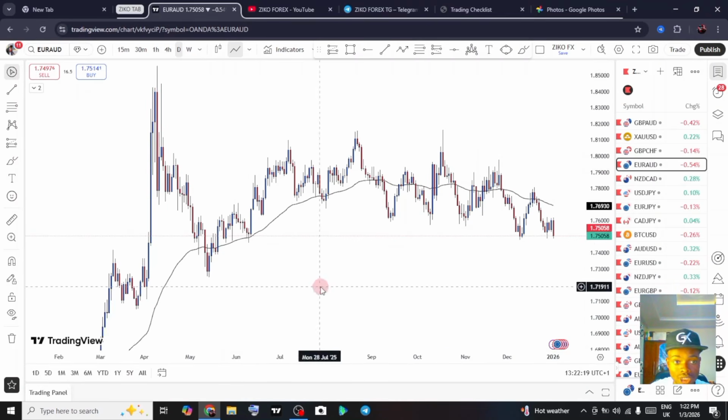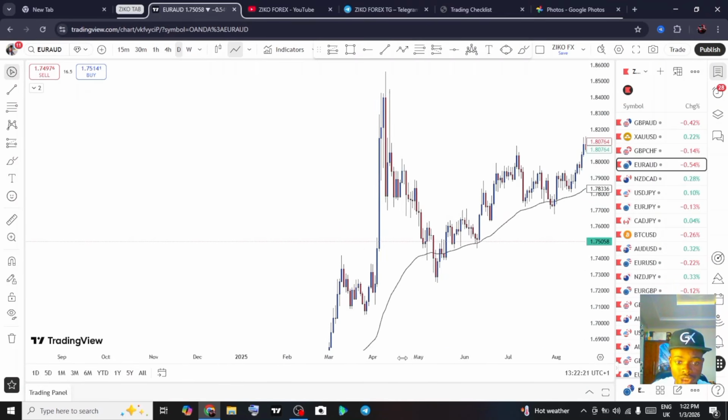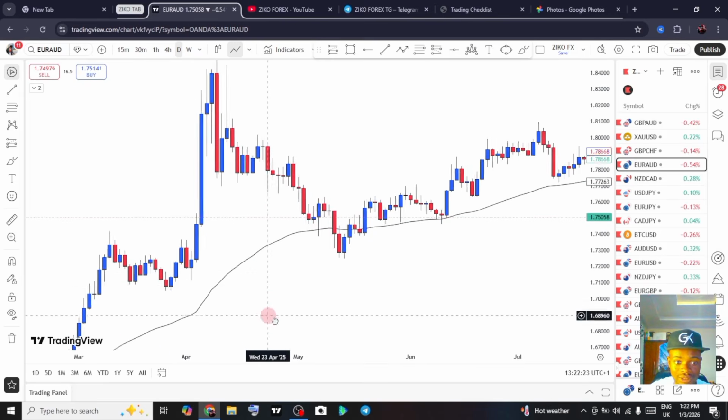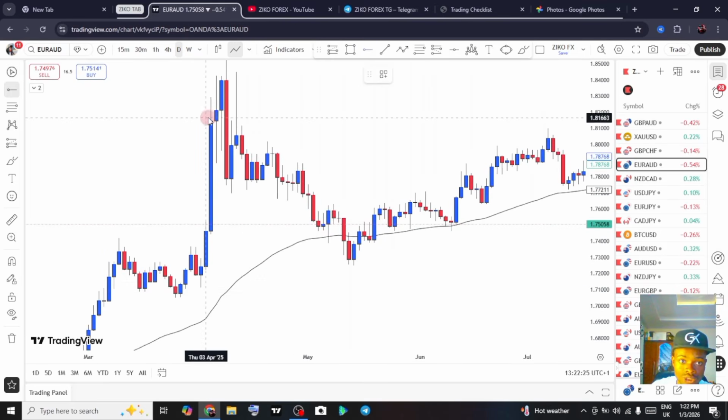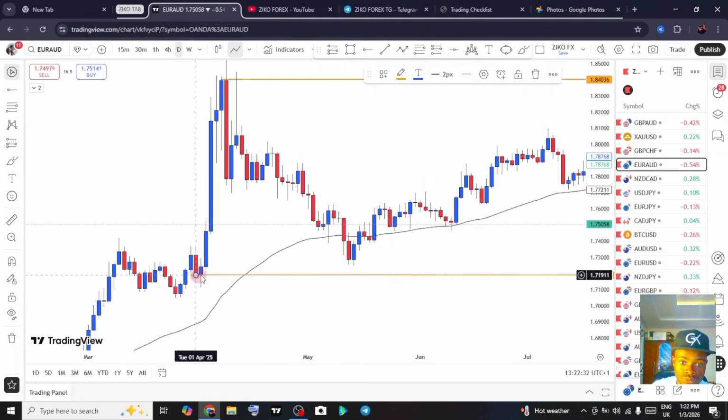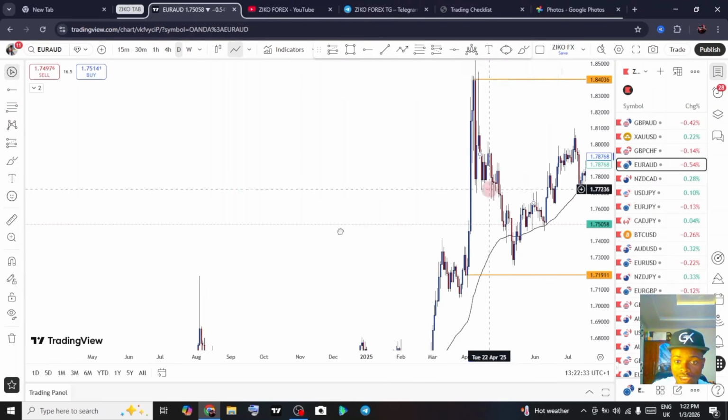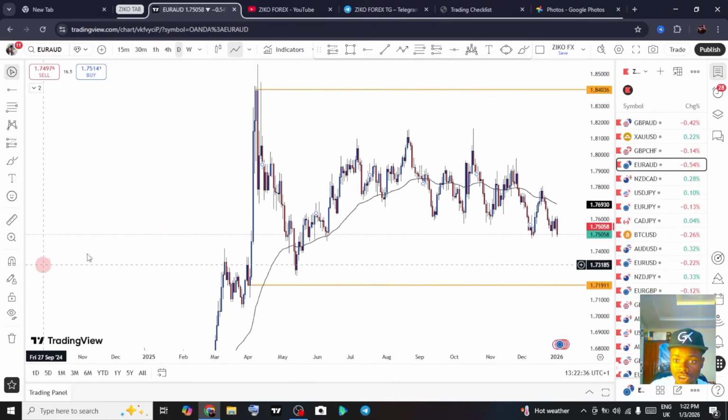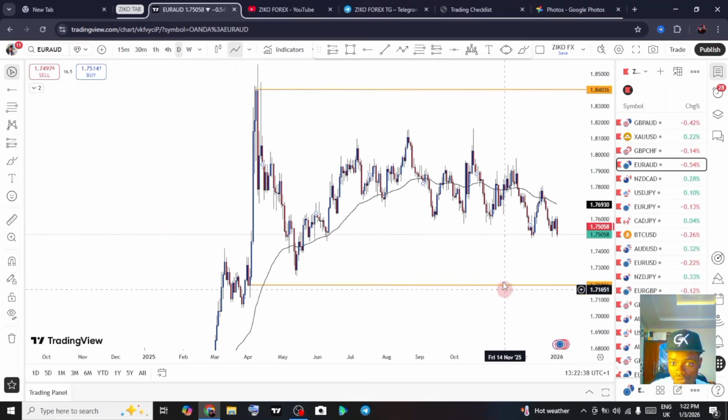Now a lot of you guys are going to be calling this market structure bullish because of this higher high and higher low right here, right? So let me draw it, let me mark it out. Because of this high and because of this low, a lot of people will decide to call this market structure bullish because we have not broken above this high or below this low.